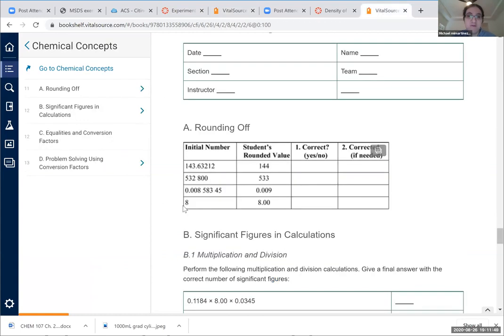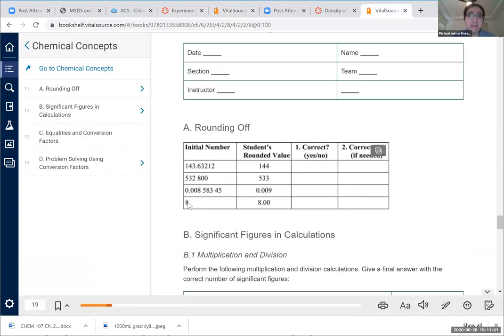So whether they rounded 8 correctly, and then if it's correct, you don't do anything. But if it's incorrect, you write the correct rounded number in spot number 2. Does that make sense? So in this case, if you start with a number 8, if they're rounding 8, since 8 only has one significant figure, the correct number would just be 8.